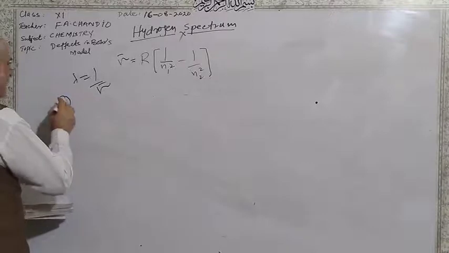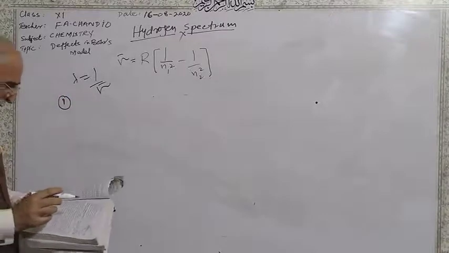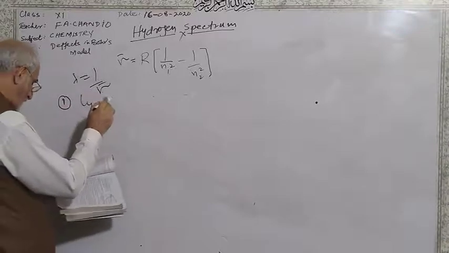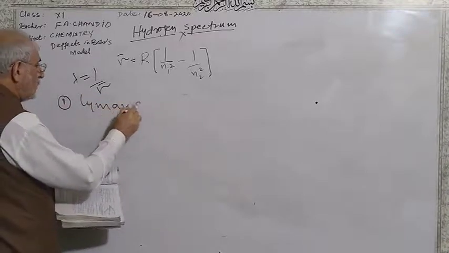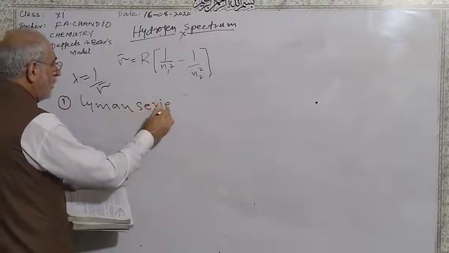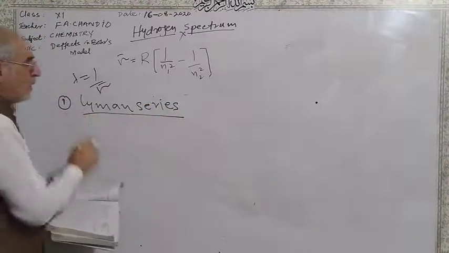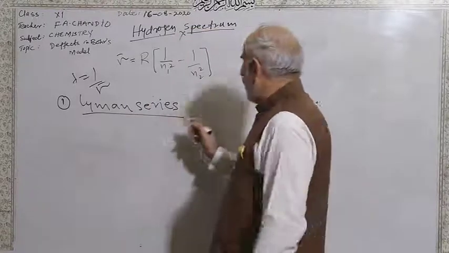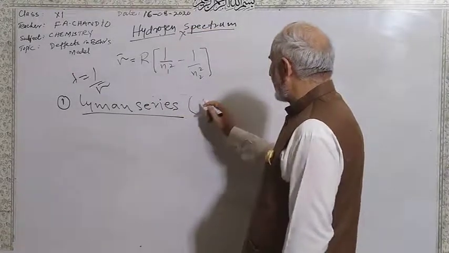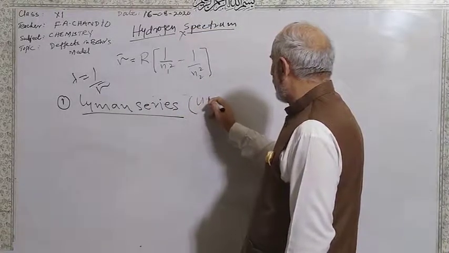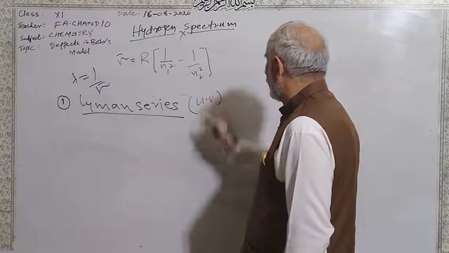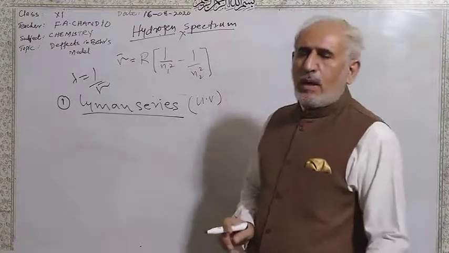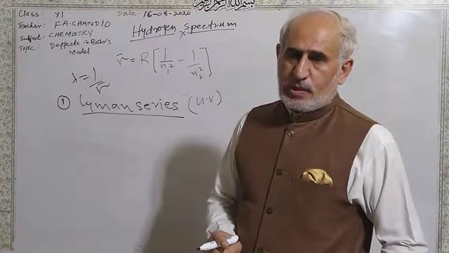Number 1 spectral series is called the Lyman series. This series exists in the ultraviolet region. It gives an invisible spectrum.